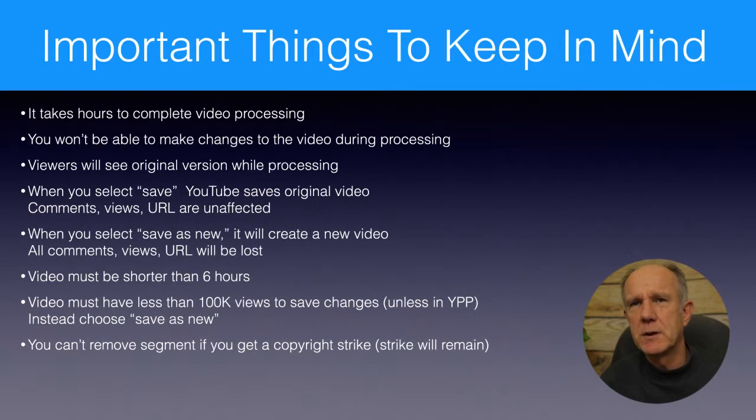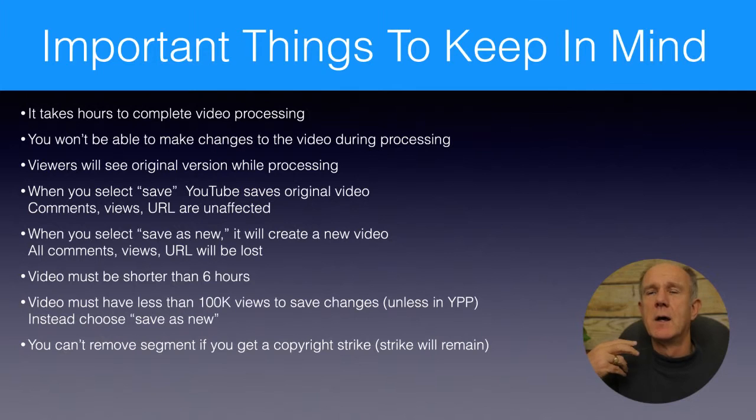And just something to keep in mind, you can't remove copyright strikes. So if you have a copyright strike, you cannot remove the strike by deleting the video or removing that section of your video that contains a strike.